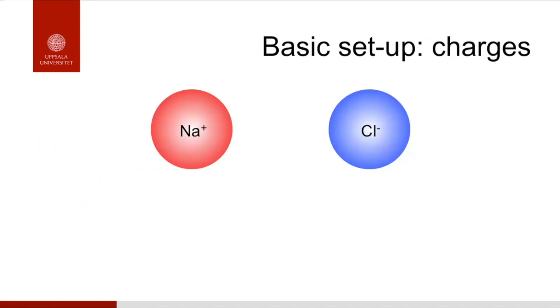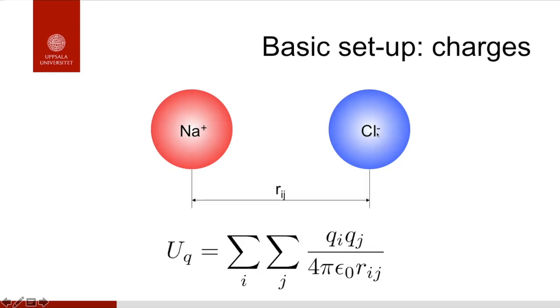Apart from that, it is important to take into account the charge, so electrostatic interactions. And for a simple case of two charged atoms of sodium and chloride, we would just use this Coulomb-like potential, which depends on the two charges and on the distance between the two. And of course, one of the differences between the two potentials is that this one is a much longer-range interaction.